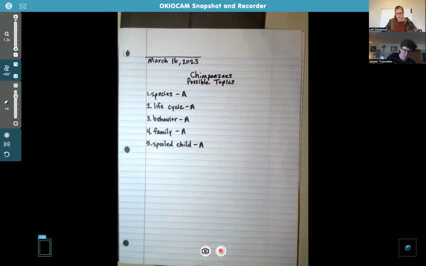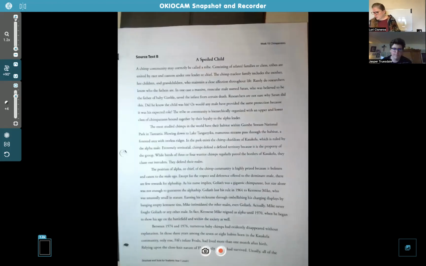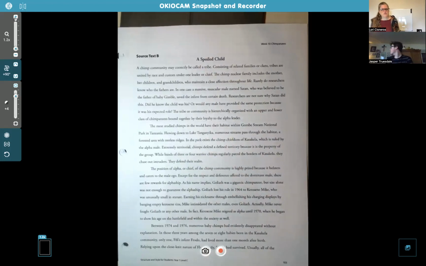So now what we're going to do is move on to source text B and do the same thing. We'll just scan it and look at the first and last sentences. They have it set up pretty easy for you for this first time through. And like I said before, you can look at those topic and clincher sentences and see what's being repeated, and that can tell us what each paragraph is about.